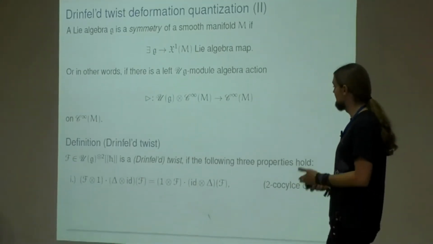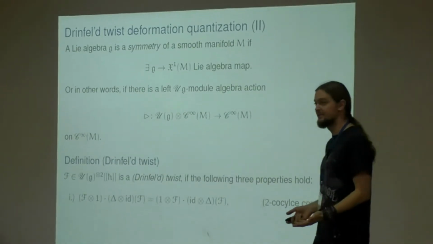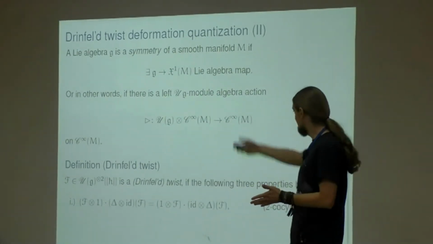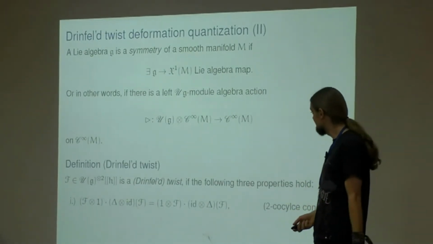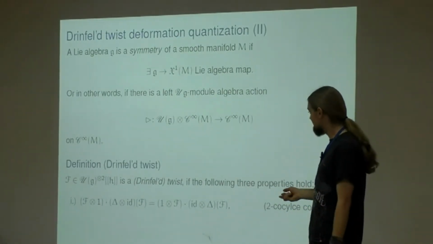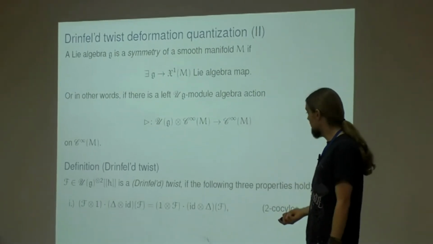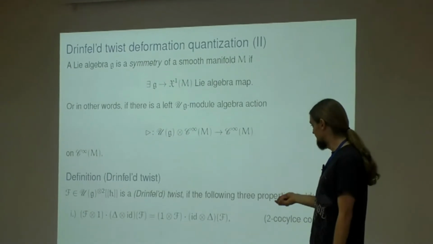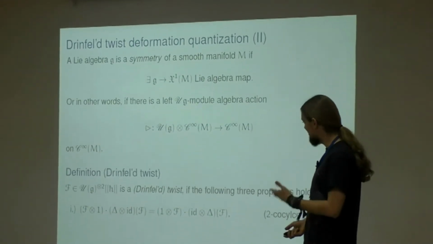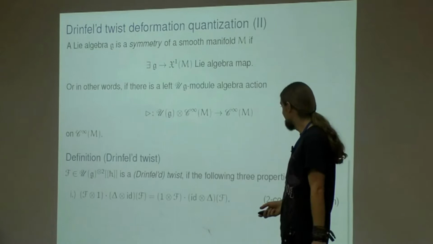Then the next step is quantize it. So how to quantize? And the tool, like it's written on the top here, will be a Drinfel'd twist. And I tell you what a Drinfel'd twist is. It's an element of the second tensor power of the universal enveloping algebra of your Lie algebra formal power series with some properties.